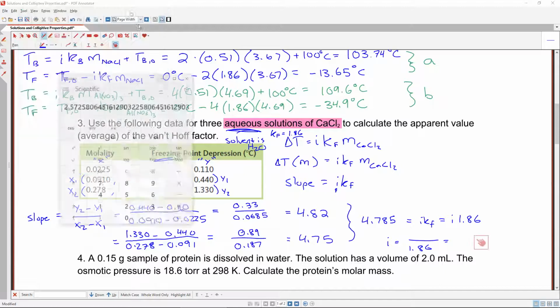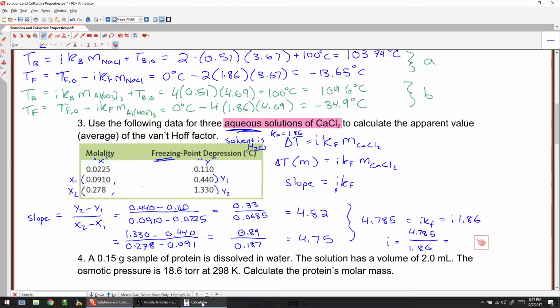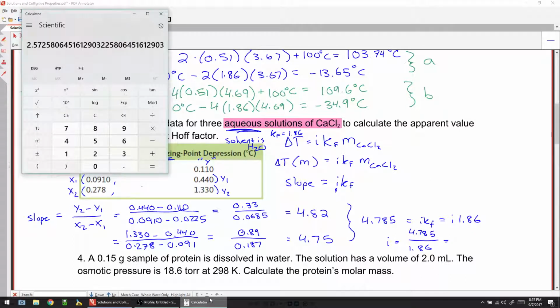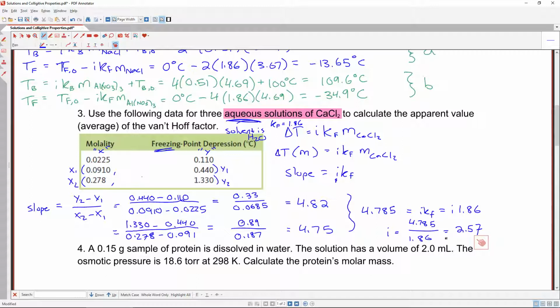A little less than 3. Now, it's important to ask yourself, does this make sense? 2.57. Does this make sense, right? So intuitively, we should have known that this is about 3. 2.57 is less than 3, which is okay.